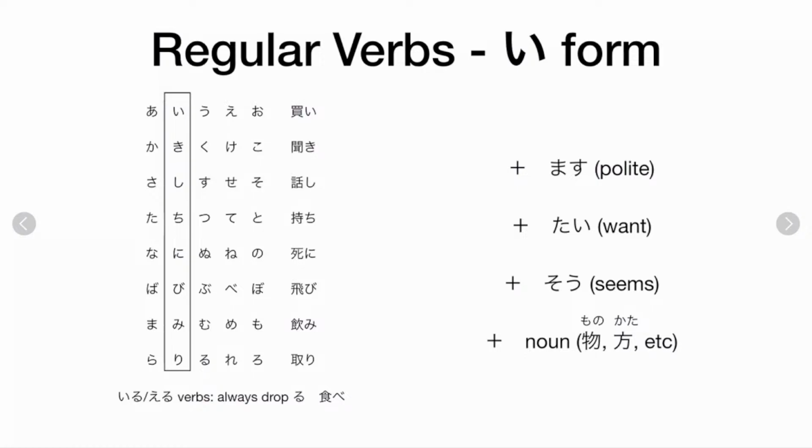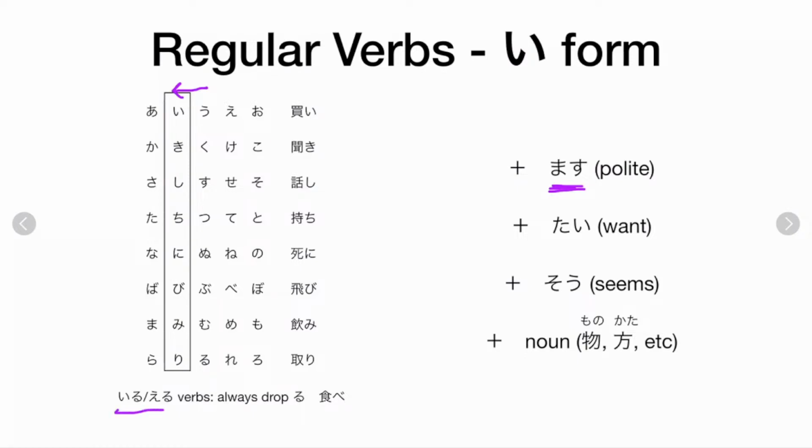And then we went over some of these endings. I'm not going to focus on them because we will go over them again. But the one you're familiar with is mas, right? The polite form. So what are we doing? We change it to the e stem of the verb and add mas. So this is if it is a regular verb.